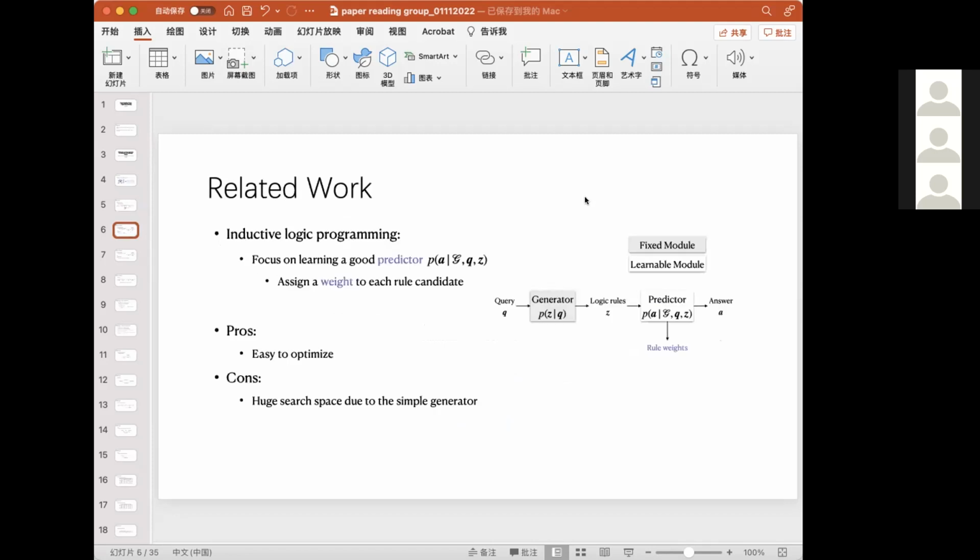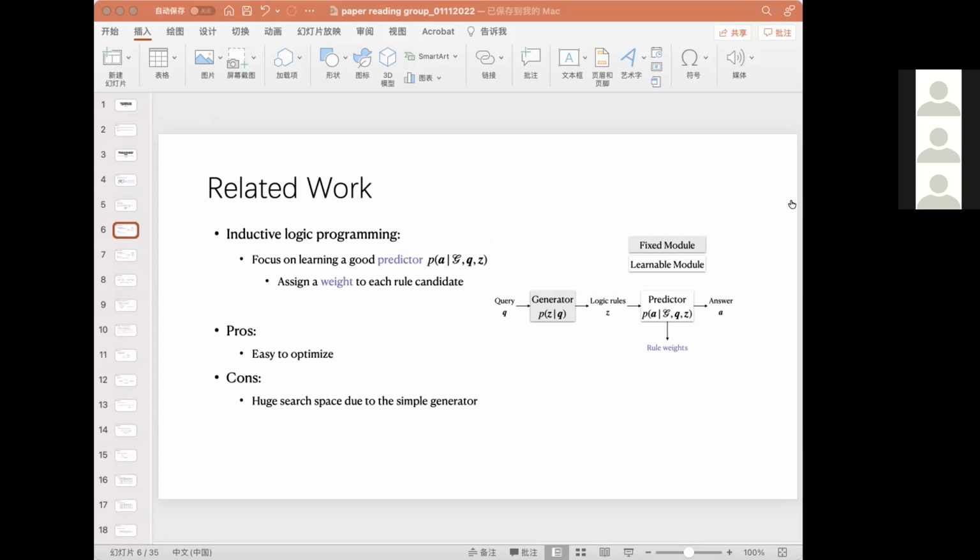There are several related works trying to solve the same problem. The first direction is based on inductive logic programming, which focuses on learning a good predictor.